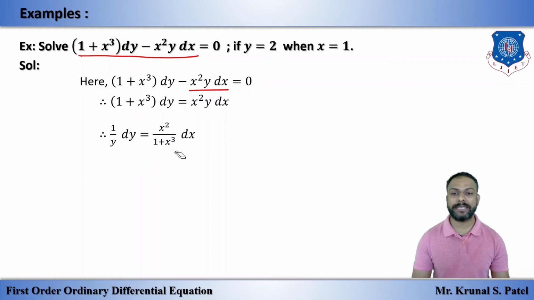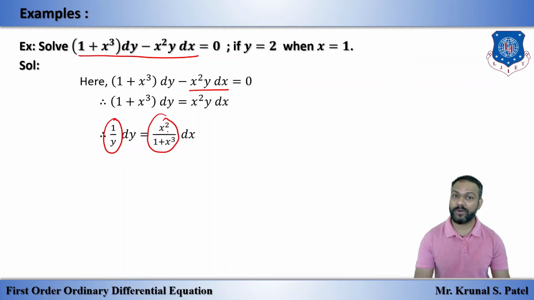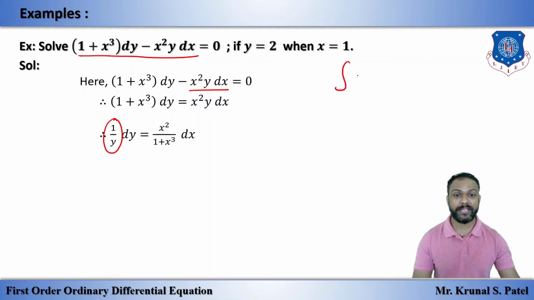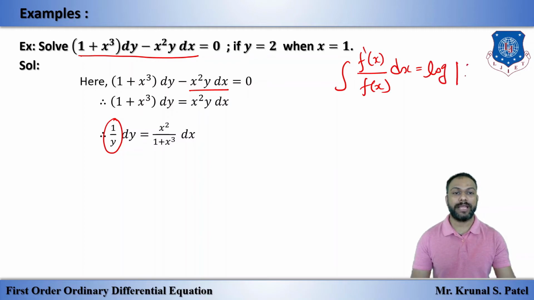Now we have to think first whether it is integrable. So integration of 1 by y is, we know, log y. And what is the integration of this? Directly we don't have a formula, but here we can use one formula: integration of a function's derivative in the numerator over the function gives log of f of x plus c.